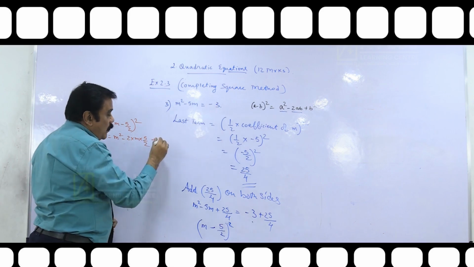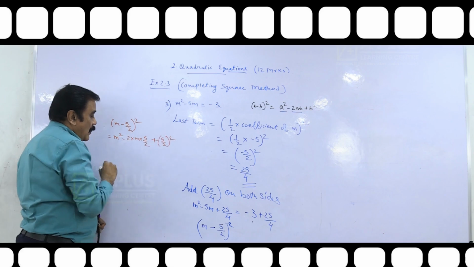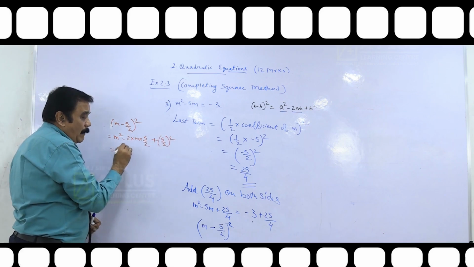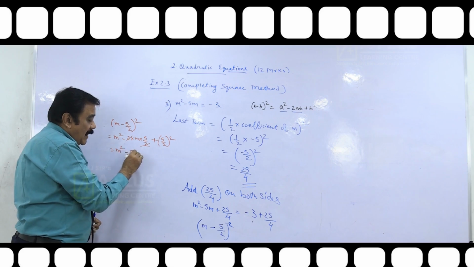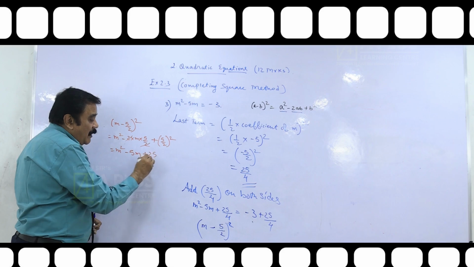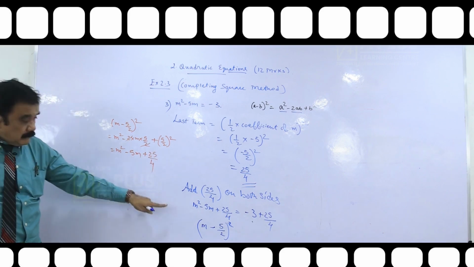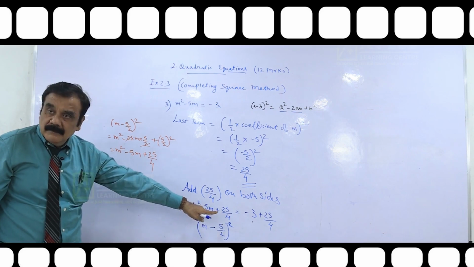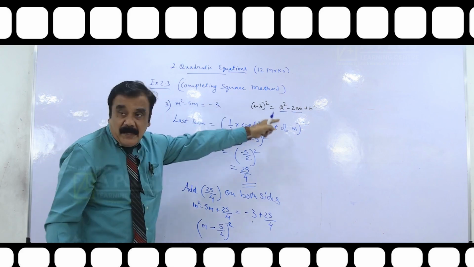Plus b square. b क्या है ये? 5 upon 2 the whole square. So this will give you m square, 2 cut, क्या मिलेगा? Minus 5m. 5 by 2 का स्क्वायर क्या आएगा? 25 by 4. Understood? ये हमारा स्क्वायर आया, कंप्लीटिंग स्क्वायर मेथड.